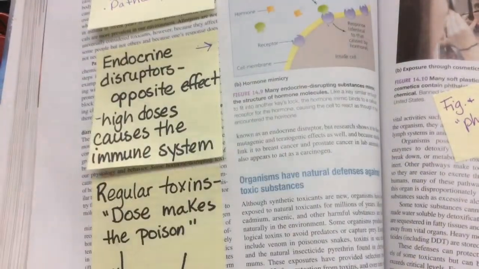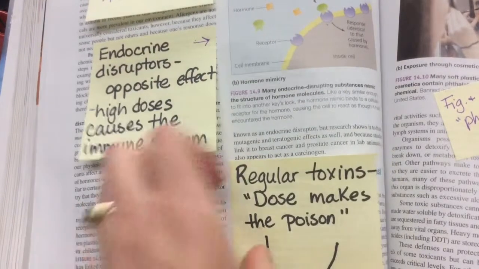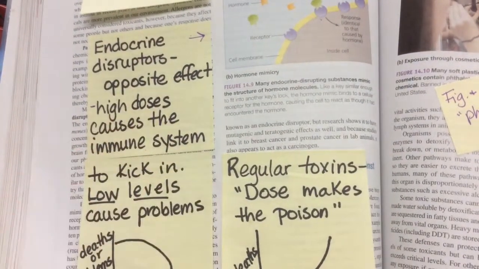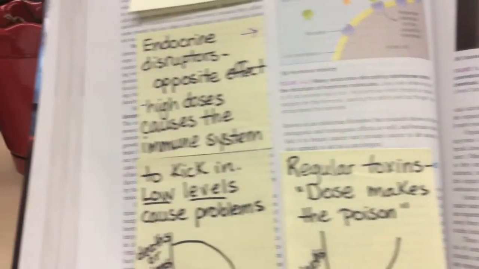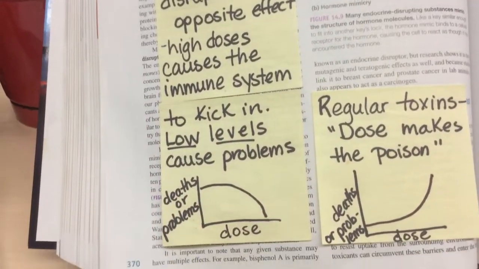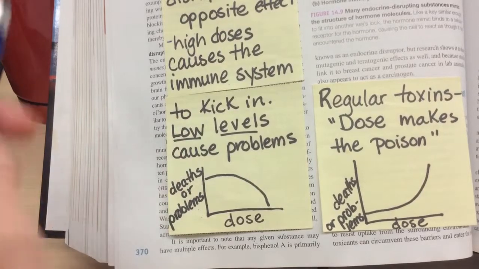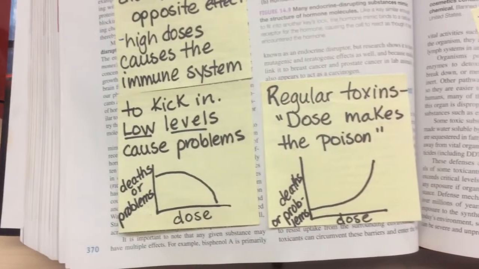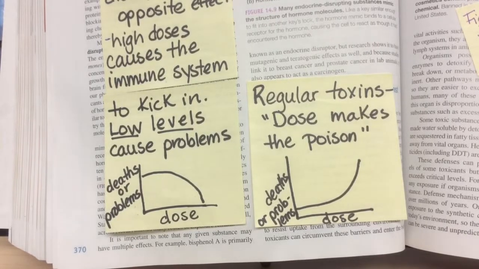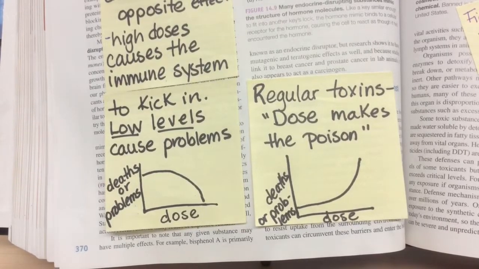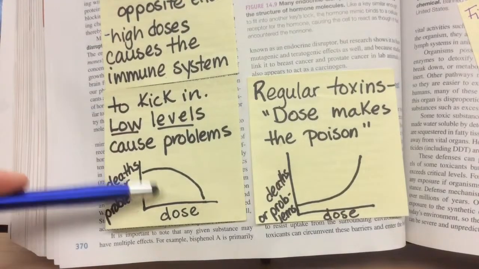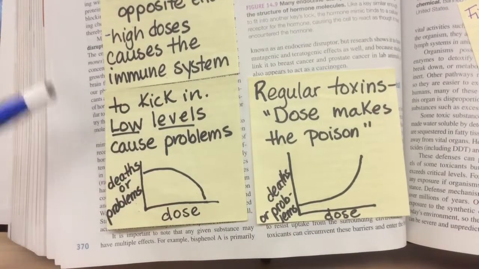Whoops, I have these mixed up. So here's our sticky notes. So this is the graph for endocrine disruptors.